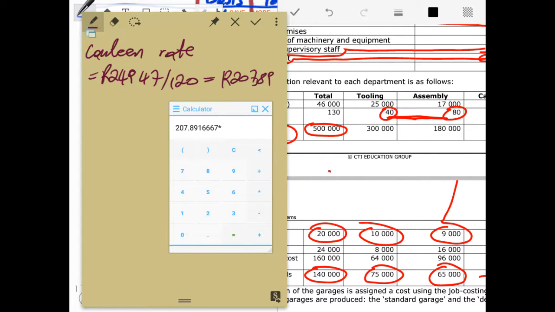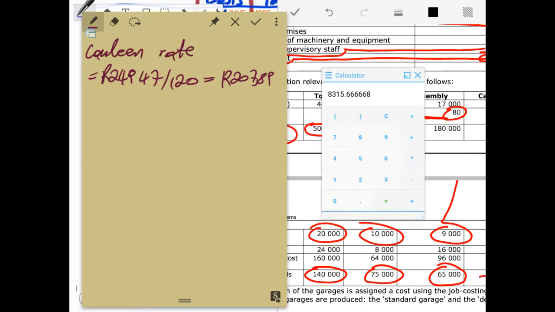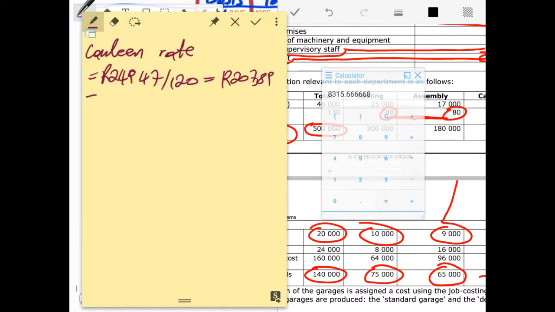Multiply that by 40 employees in the tooling department is 8,316 that will be allocated to the tooling department.